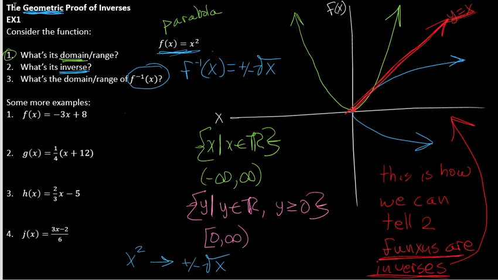Okay, that is very important. That's how we can tell, other than just the obvious, well, what was the inverse of x squared? Well, the square root of x, right? So that seemed relatively obvious. So that's how we geometrically can prove two functions are inverses.